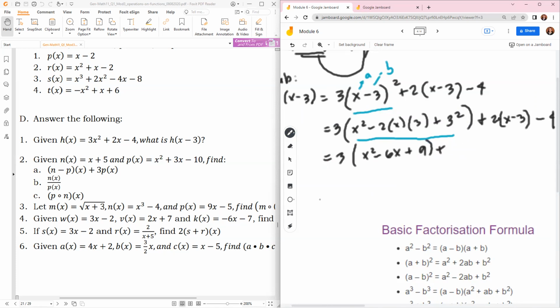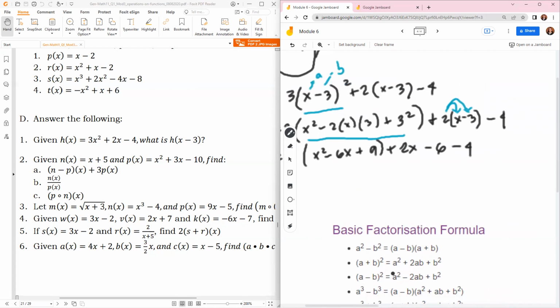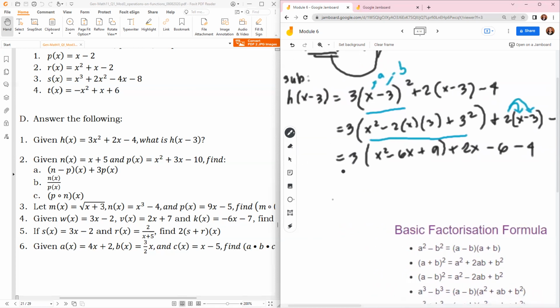Unya atong i-distribute ang 2: 2 times x is 2x, minus 2 times 3, which is 6, minus 4. And then ang 3 i-distribute sad.